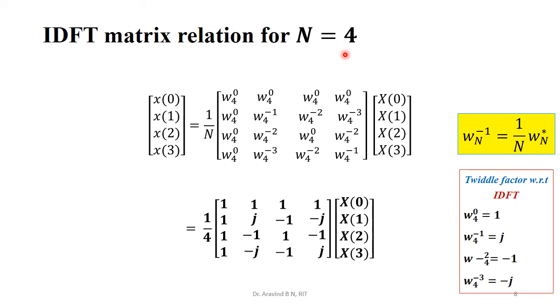If the question is to calculate a 5-point DFT or 5-point IDFT, you will simply put in this matrix and try to calculate. No, that's the wrong way. Only if the sequence length N is equal to 4 should you use this type of matrix realization, either for the DFT or the IDFT. Then you make the calculations.